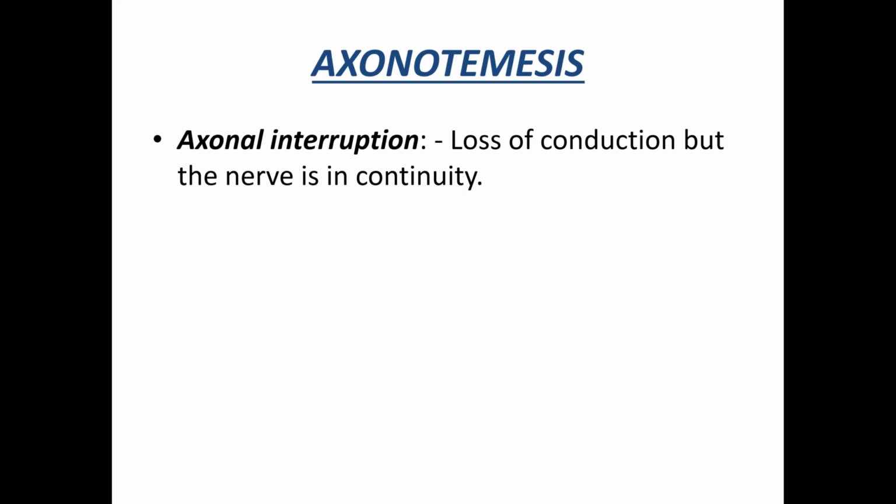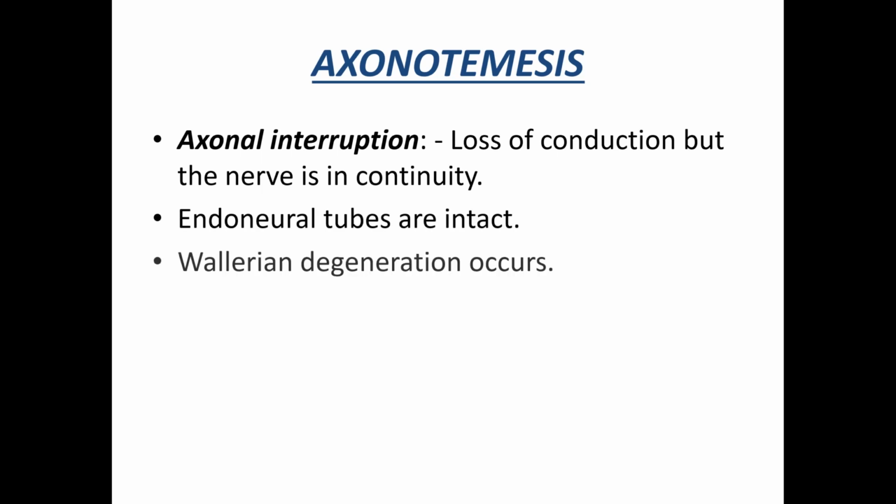So there is axonal interruption, but the endoneural tubes are intact. There is axonal and myelin disruption, and the recovery occurs by a process where the axons and the myelin sheath are gradually regenerated from the point of injury.